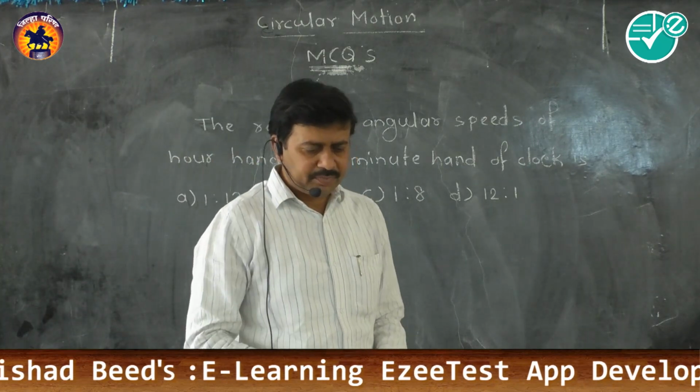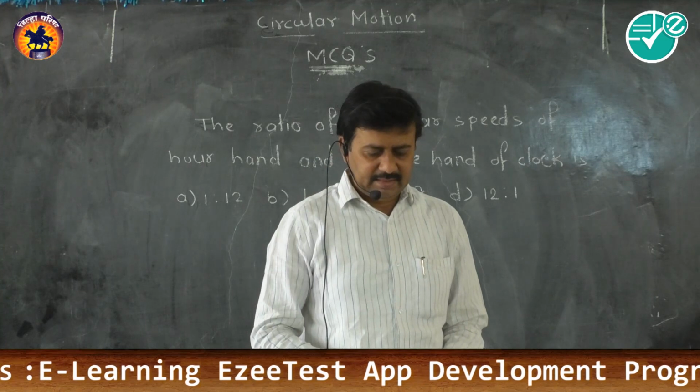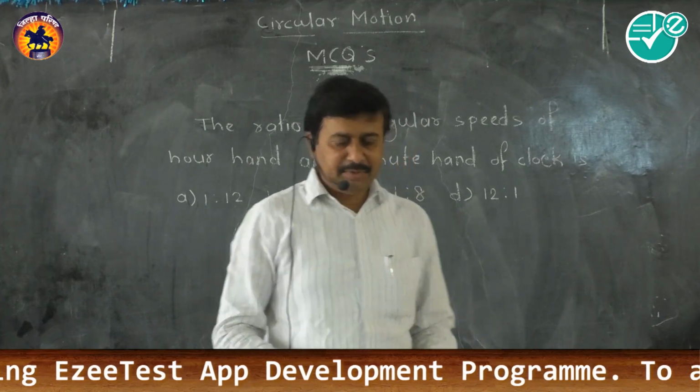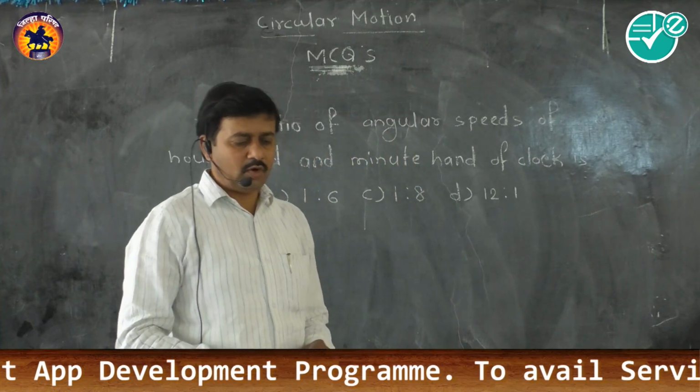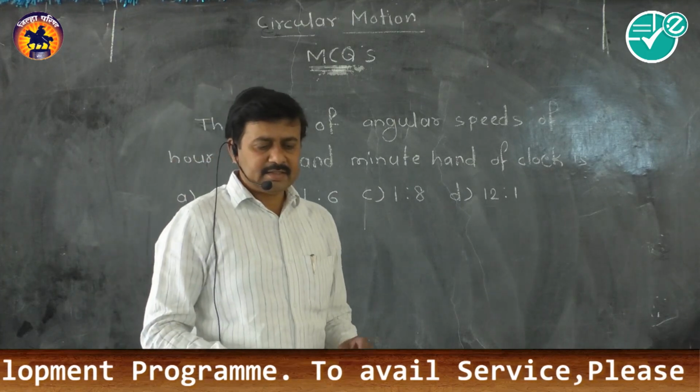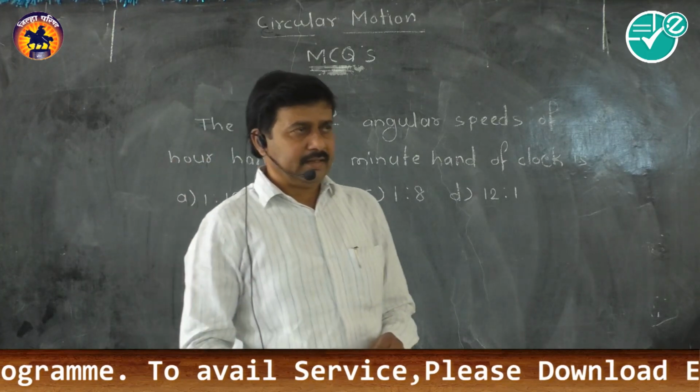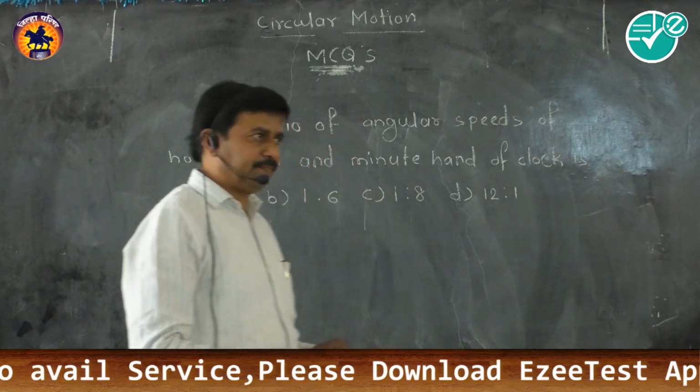So here, one thing that is known to us is the periodic time of the hands of the clock, and the ratio of the angular speeds follows from it.